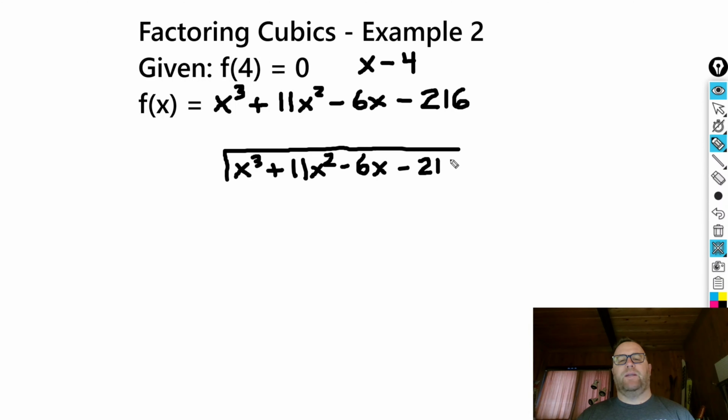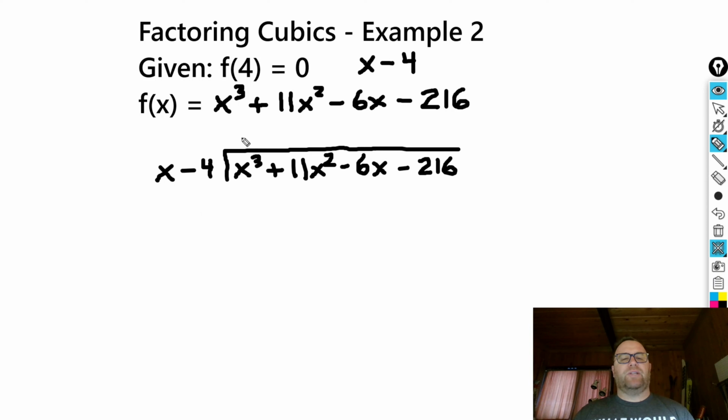Okay, and we're going to be dividing this by x minus 4. So we should get a quadratic, and then we can factor that quadratic, and then the factored form of the quadratic times x minus 4 will be the factored form of f of x.